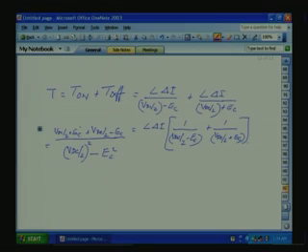So, EC and EC will go, and the final equation will be 2 into VDC by 2 divided by VDC by 2 whole square minus EC square. This is equal to our T.